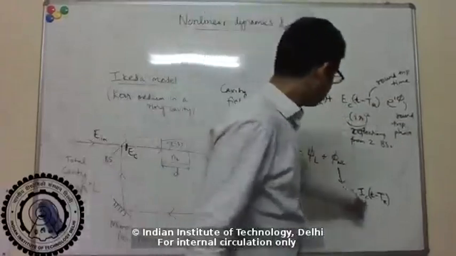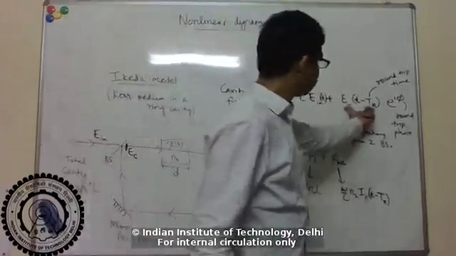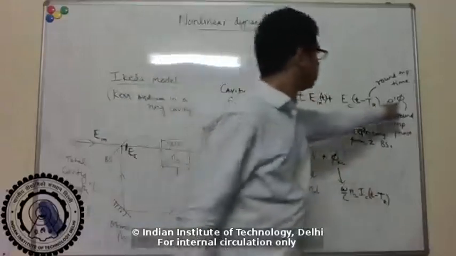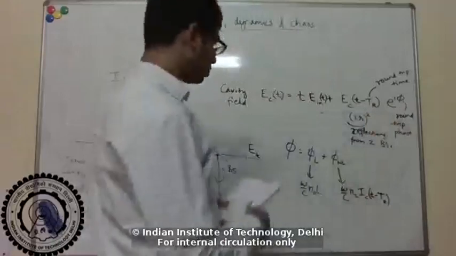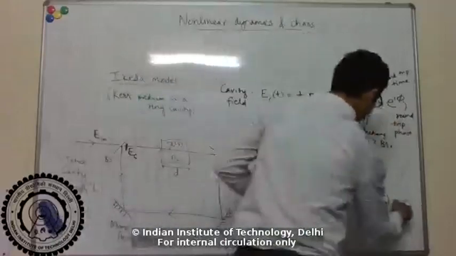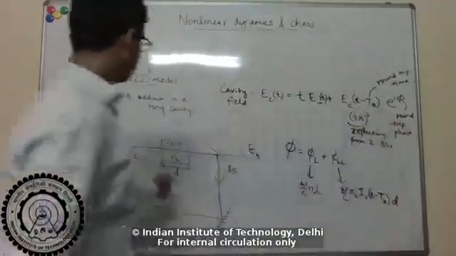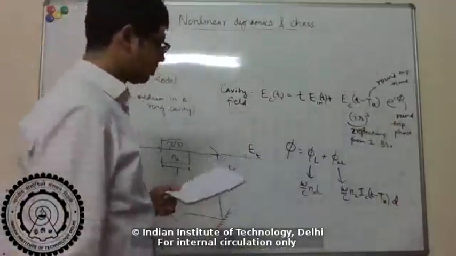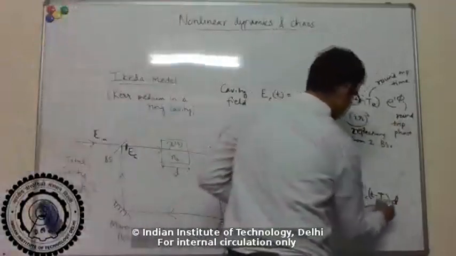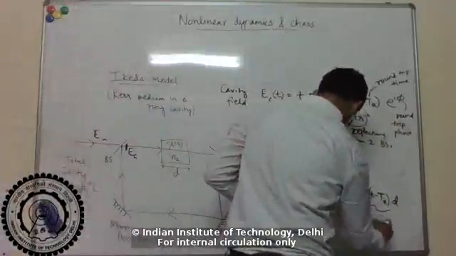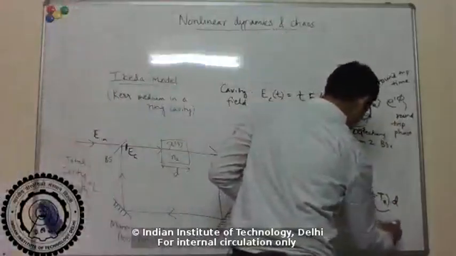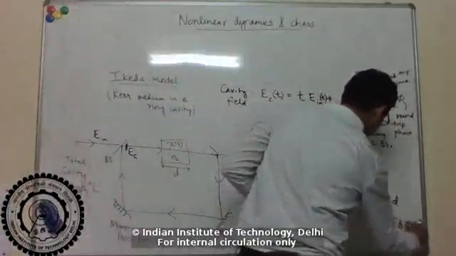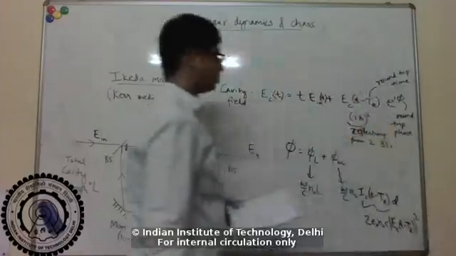So is this clear? So the intensity here is basically the intensity of this field. So at T minus TR, because that's the field which is acquiring the phase. Okay, times the length of the nonlinear medium D. Okay, so this intensity is basically again the mod of EC at T minus TR squared.